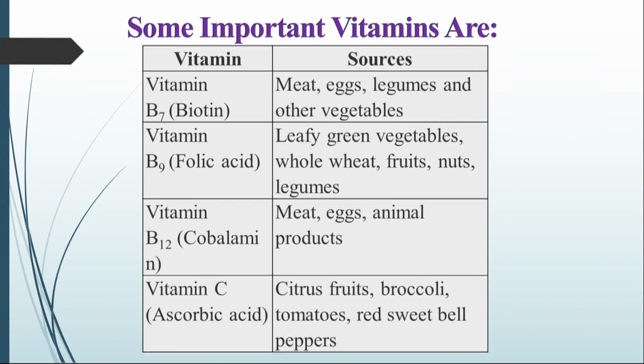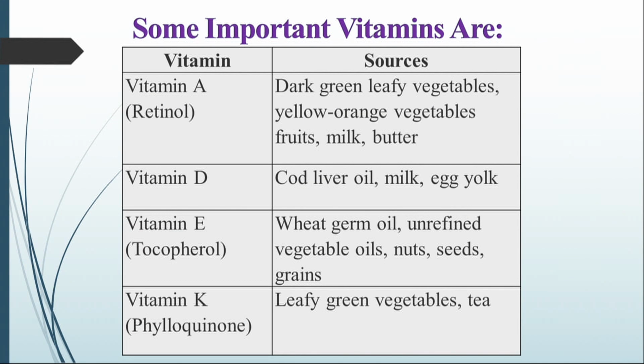We get from leafy green vegetables, whole wheat, fruits, nuts, and legumes. Vitamin B12, cobalamin. We get from meat, eggs, animal products. Vitamin C, ascorbic acid. We get this from citrus fruits, broccoli, tomatoes, red sweet bell peppers.